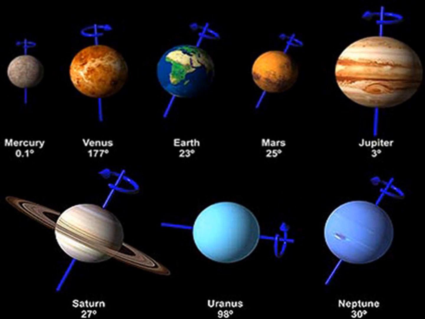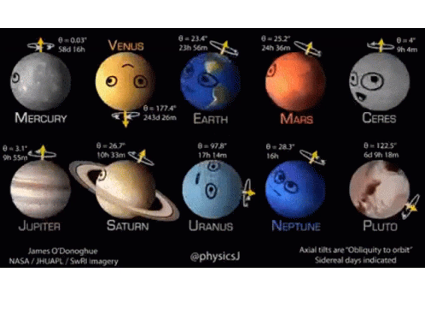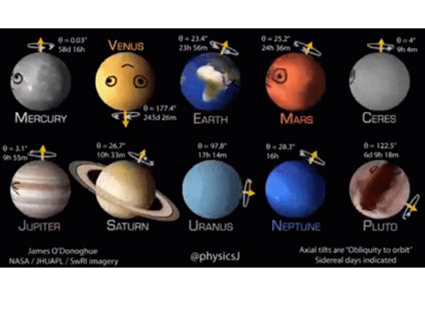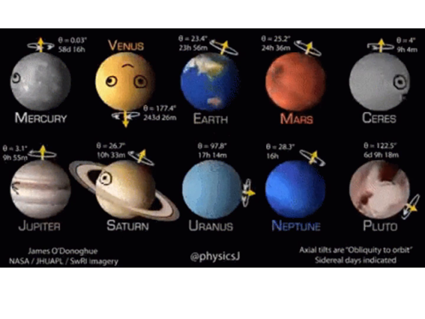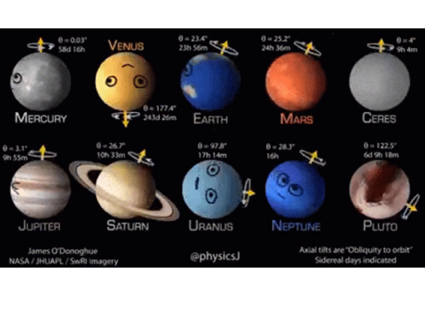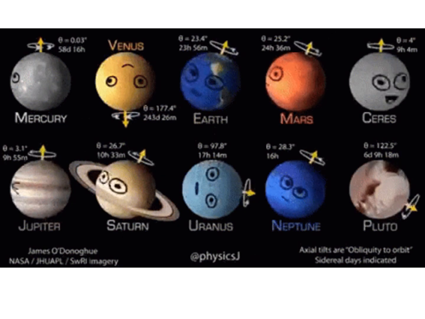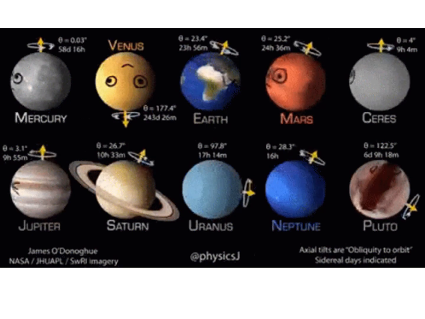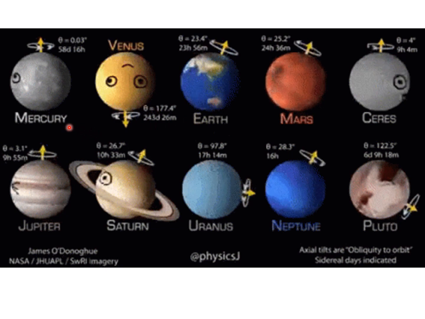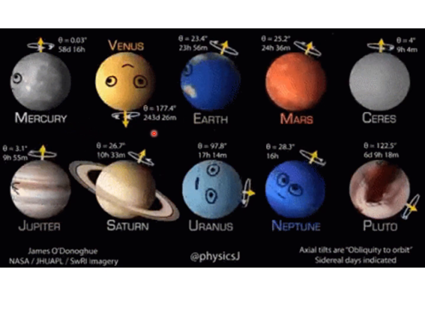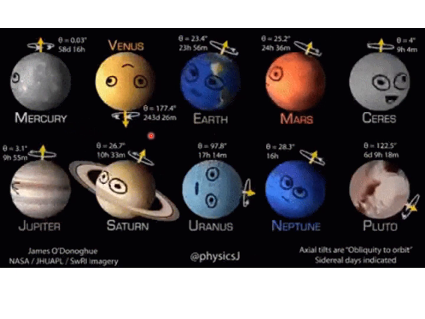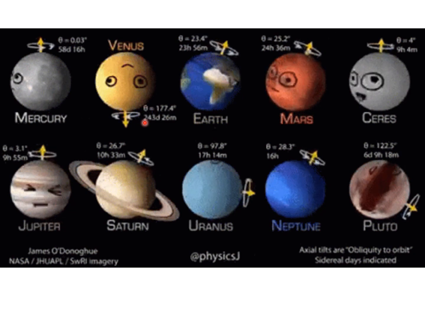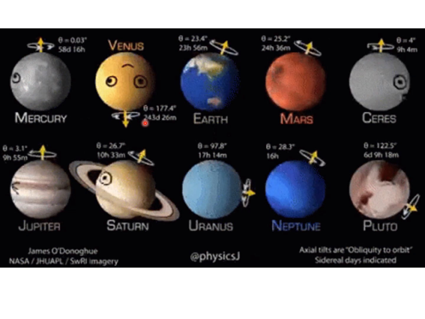Now the next slide shows it with those tilts, but also with the rotation. And the person who made this video put little faces on the planets just so you can see better the rotation rates. And notice Mercury and Venus rotating very, very slowly. Venus is imperceptible in its rotation, but it is rotating backwards from the other planets.